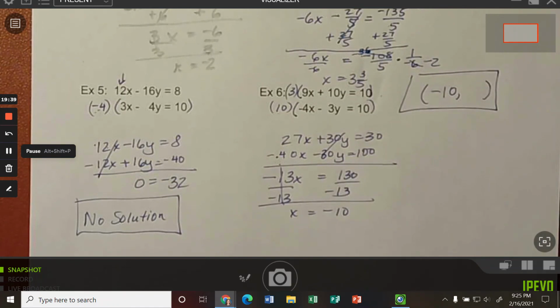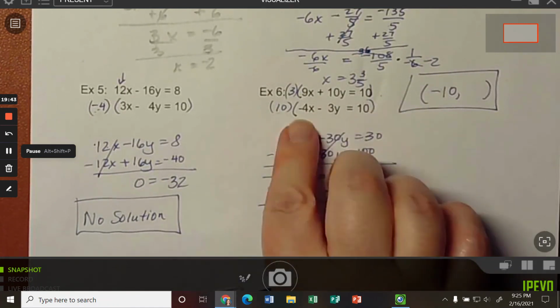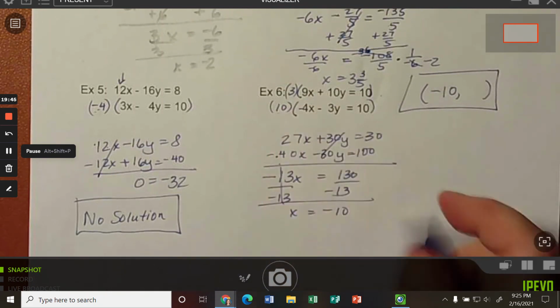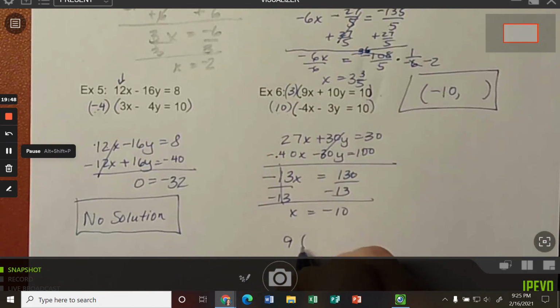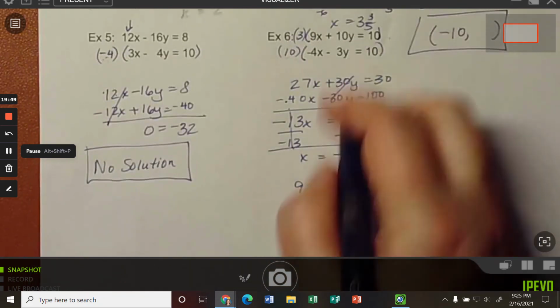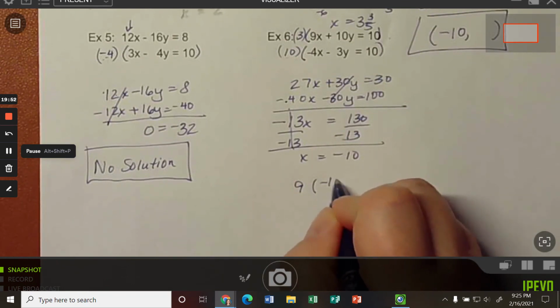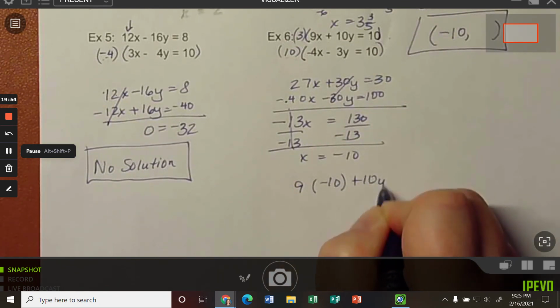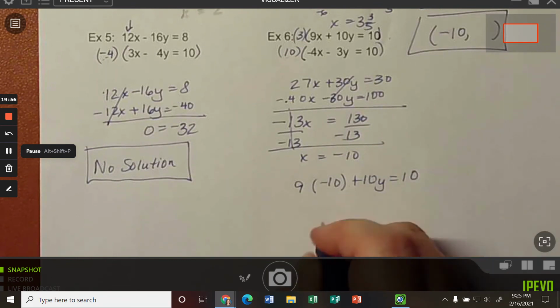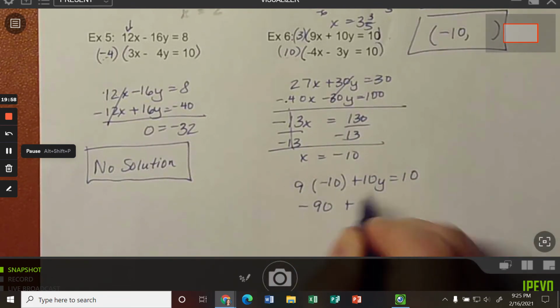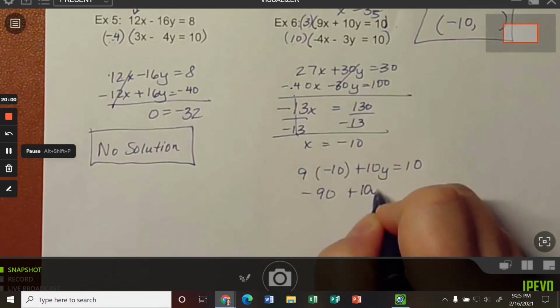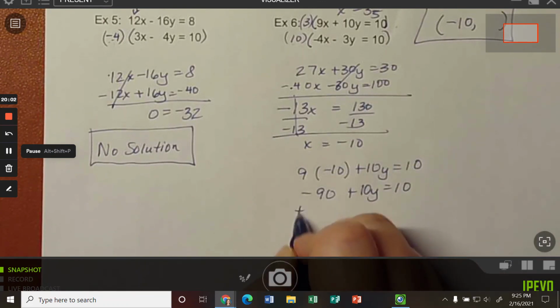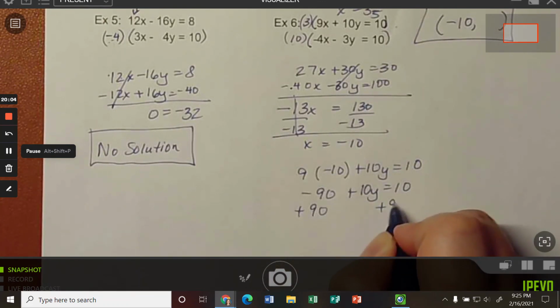And then once we have our x, we can plug that into either equation to solve for y. So let's do 9 times -10 plus 10 times y equals 10. So -90 plus 10y equals 10. Add 90 to each side.